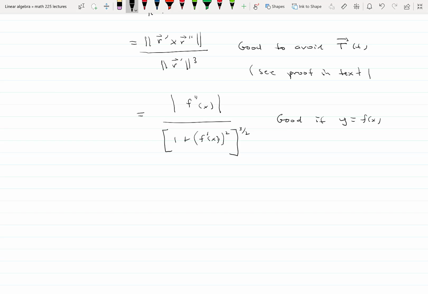If you're given your curve as a function of x and not in terms of a position function or a vector function, then this is a good alternative. See proof in text again. I would like you to look at that proof. I think studying the proof would be good for you.